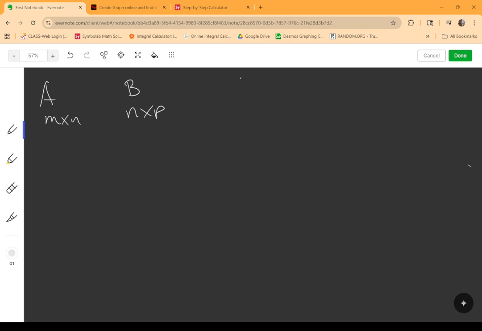Then the product AB is this m by p matrix. The way you want to think of this is that the columns of the matrix on the left need to equal the rows of the matrix on the right. The resulting matrix has the same rows as A, but the p columns that are in the matrix B.